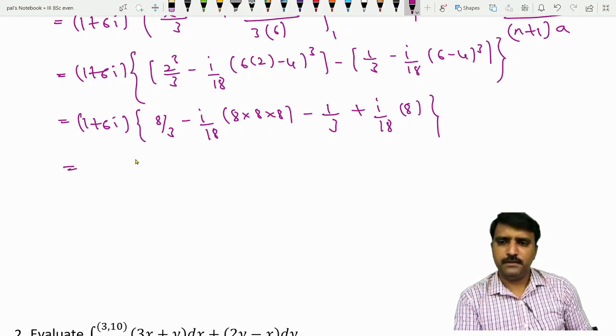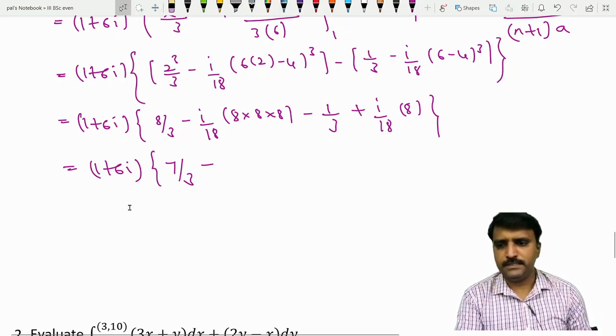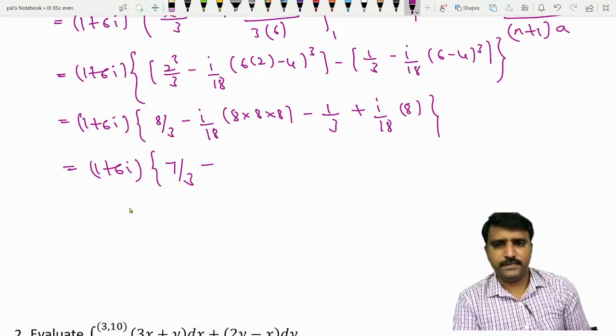Simplifying this, which is equal to 1 plus 6i into 8 by 3 minus 1 by 3, 7 by 3, minus, and you take 8 by 18 i as a common factor here. 8 by 18 i comes outside, remaining here is 8 into 8, which is 64, minus 1.